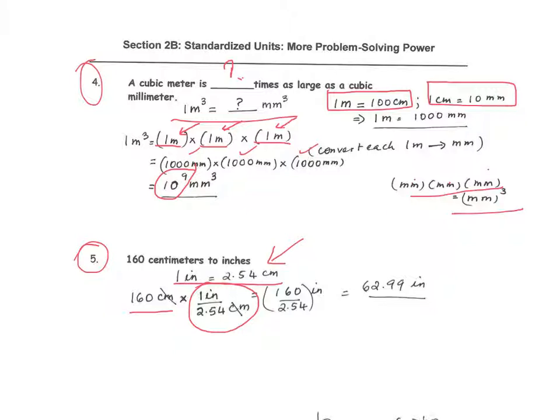We pick this fraction so the centimeters get cancelled, and the units that survive in the numerator are inches. Combining the numbers, 160 over 2.54, we get 62.99 inches.